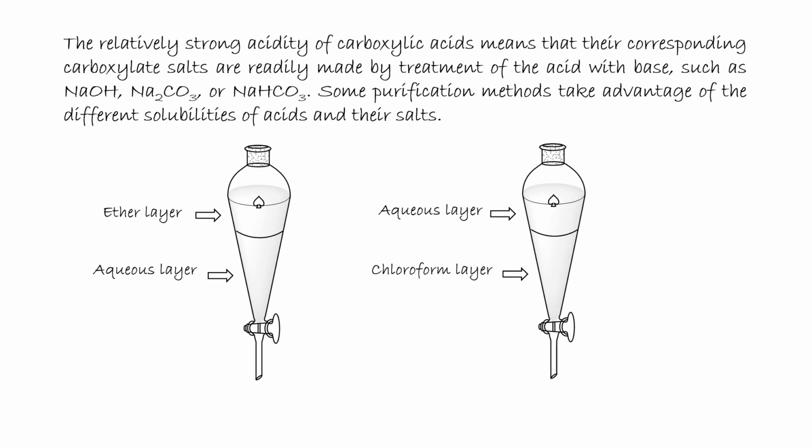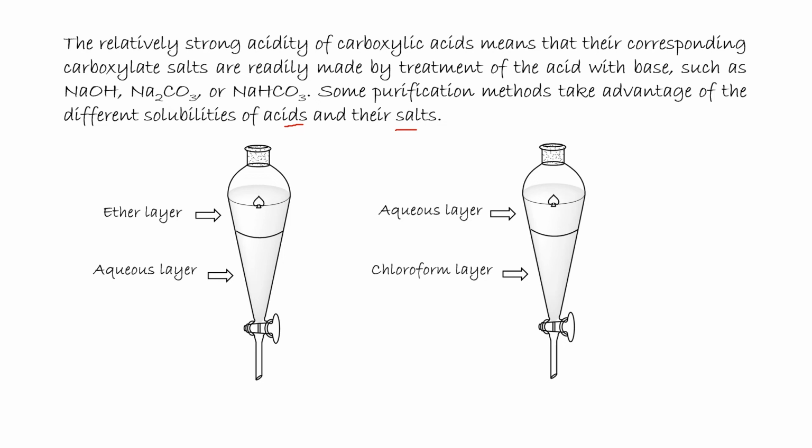The relatively strong acidity of carboxylic acids means that their corresponding carboxylate salts are readily made by treatment of the acid with a base such as sodium hydroxide, sodium carbonate, or bicarbonates. Some purification methods take advantage of the different solubilities of acids and their salts and the immiscibility of water and organic solvents, such as ether and water.